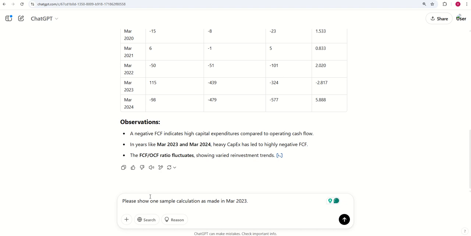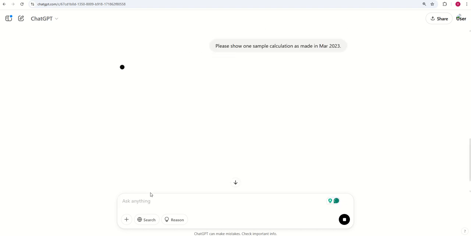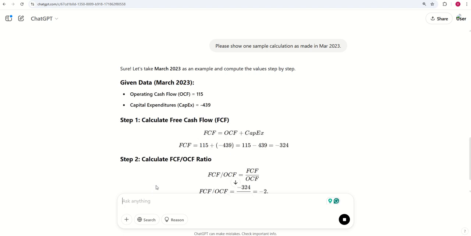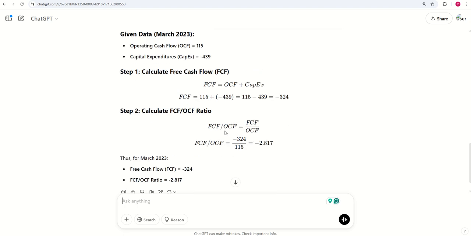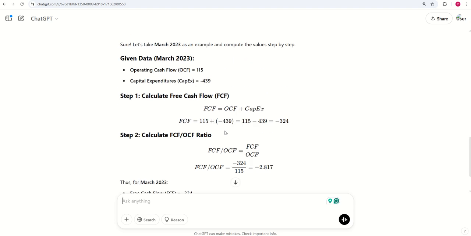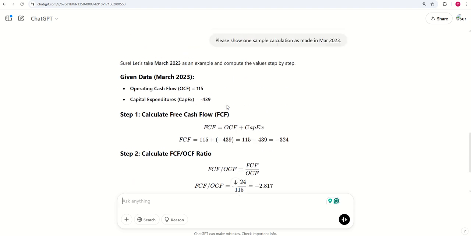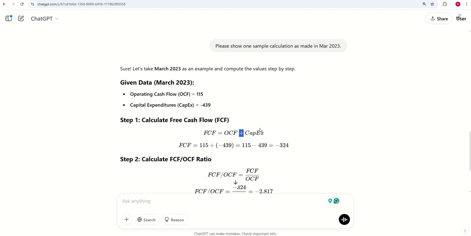For March 2023, it should show me a sample output. Okay, fine. Now I'm going to verify this. I'm yet to answer why I have put this plus. I'll come back to that, just please hold on with me.